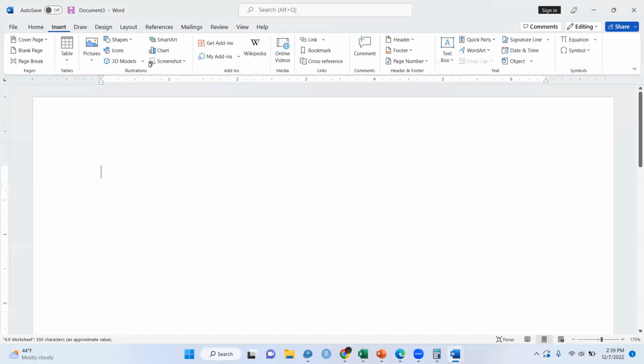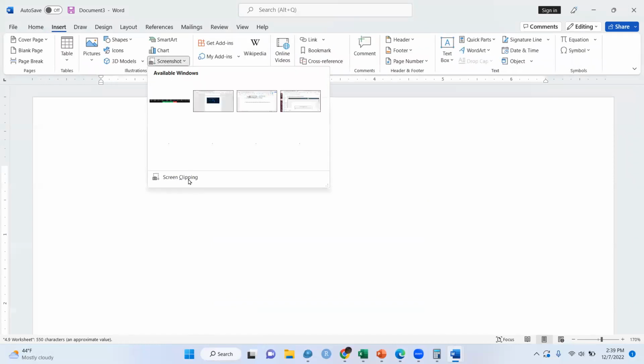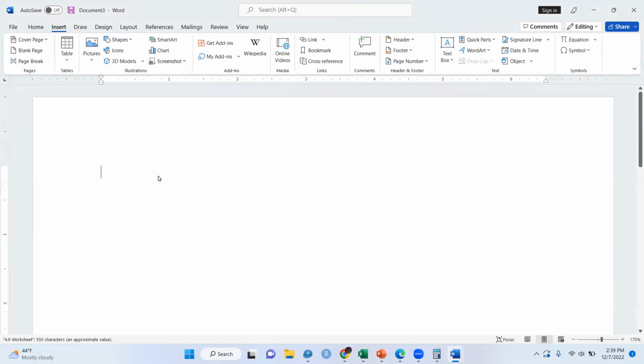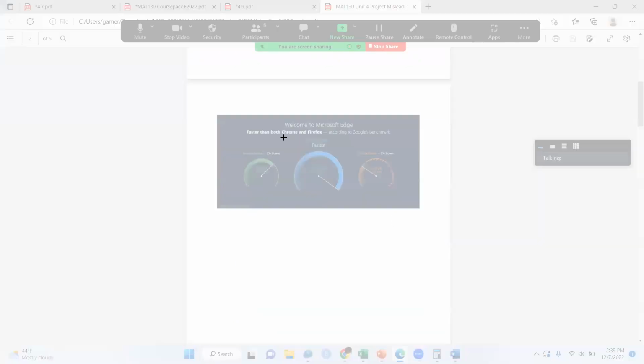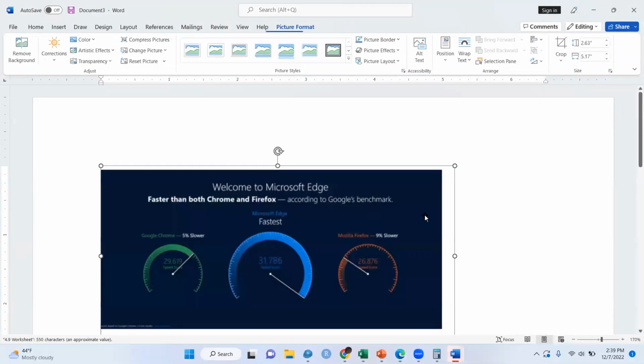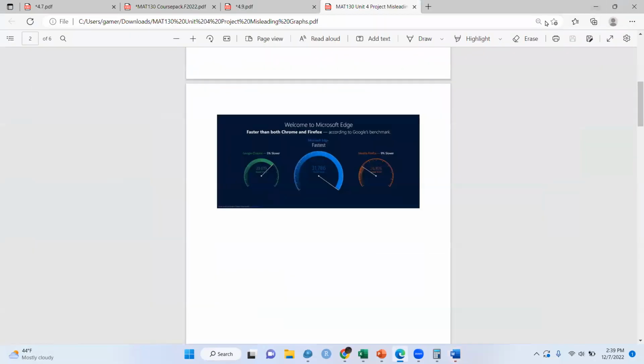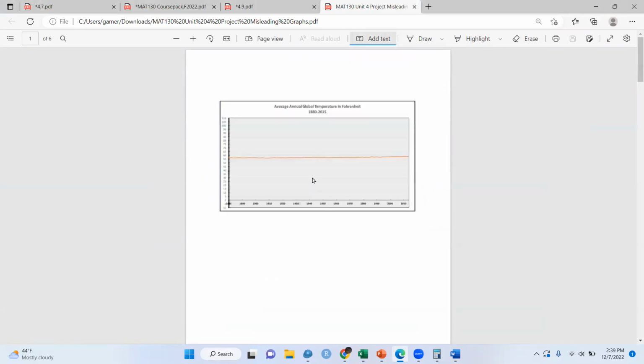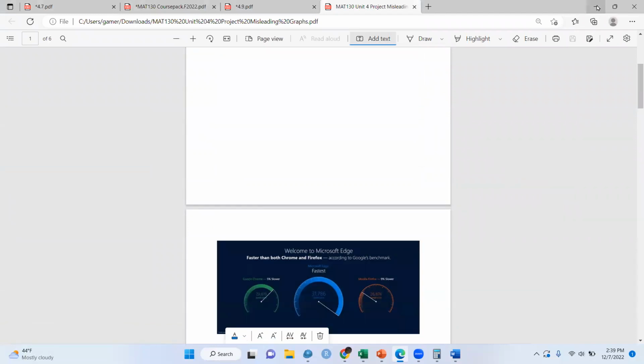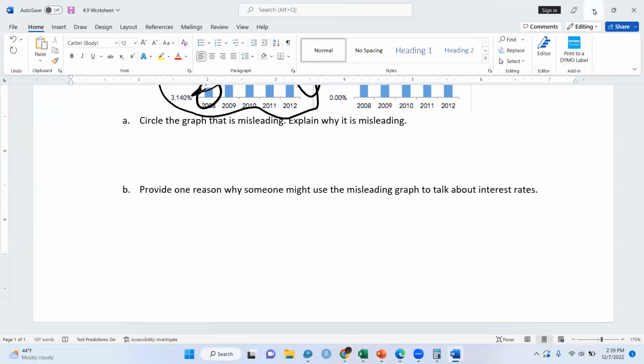So do your insert, screen clipping, and do your thing from there. Or if you want, you can just take the PDF and write in the PDF, like you can add text and type your stuff in there under whichever graph you pick. And you only need to do one, but you do need to answer those 4 questions.